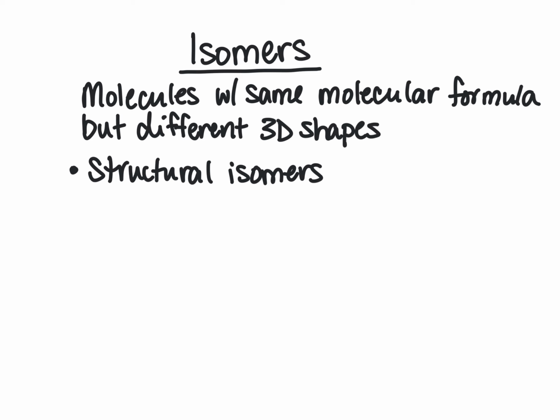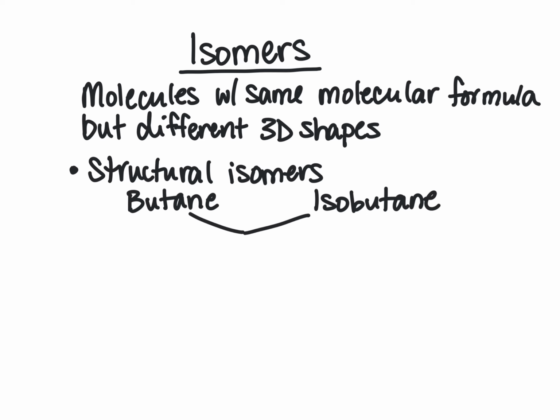We have butane and isobutane. Both of these have the molecular formula C4H10. So both of these have 4 carbon atoms bonded to 10 hydrogen atoms. But the way these atoms are bonded together is different.